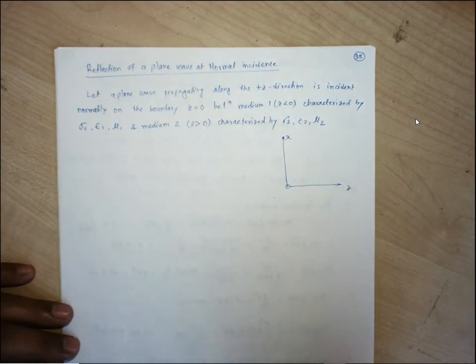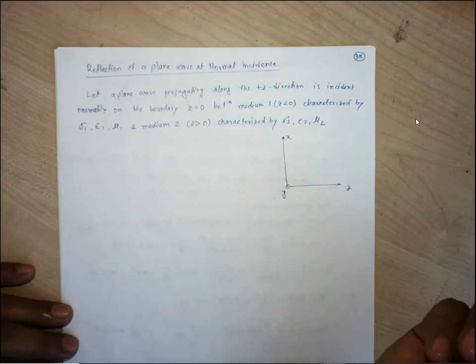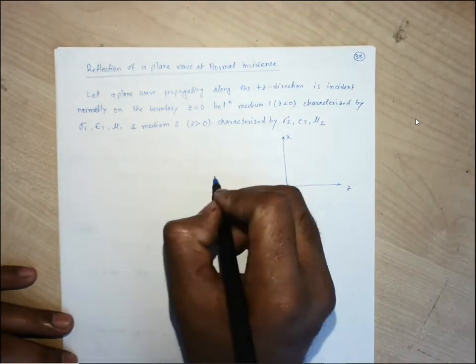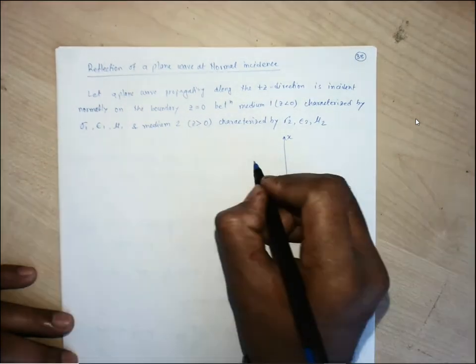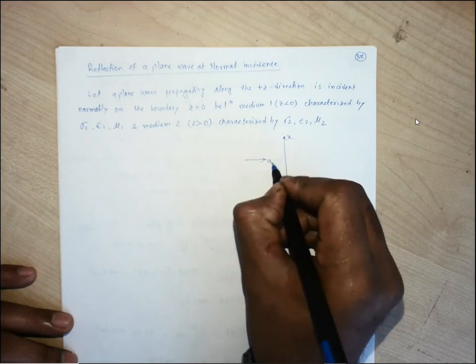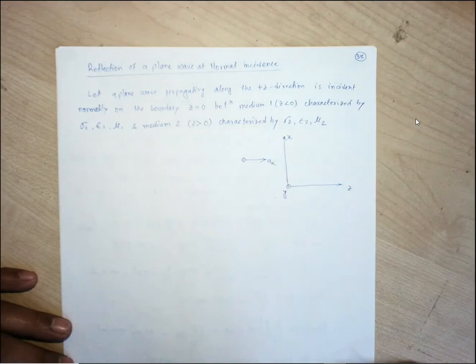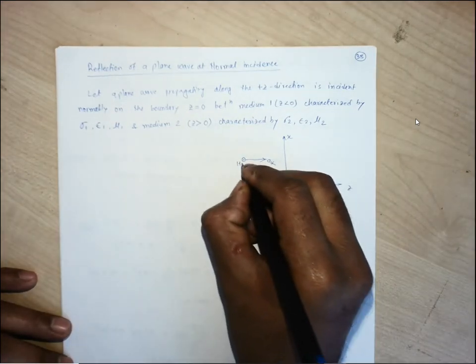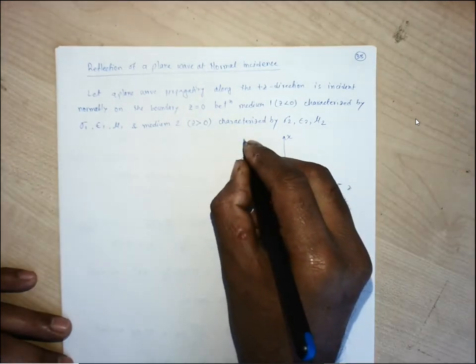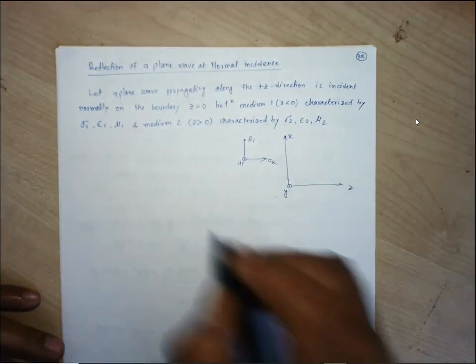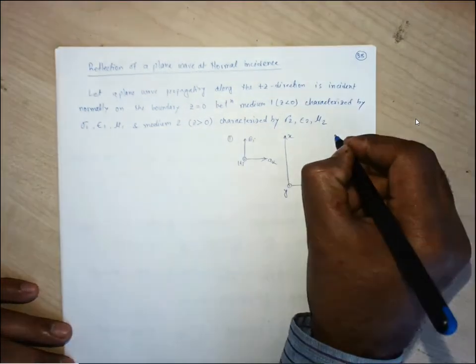So let us take that: the y-axis is out of this page. The wave is propagating along z. This is the direction of wave propagation. This is our incident magnetic field, this is our incident electric field, then this is our medium 1, this is our medium 2.